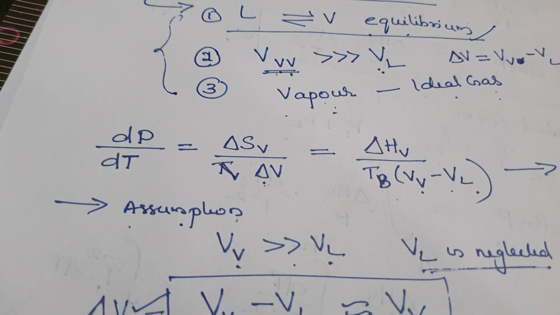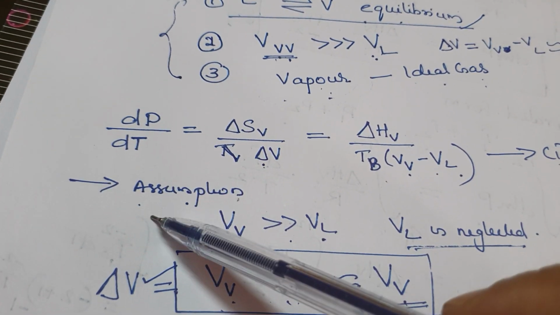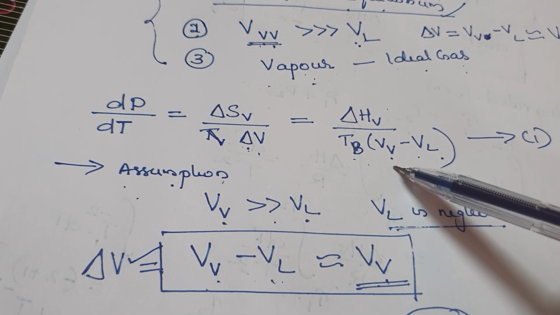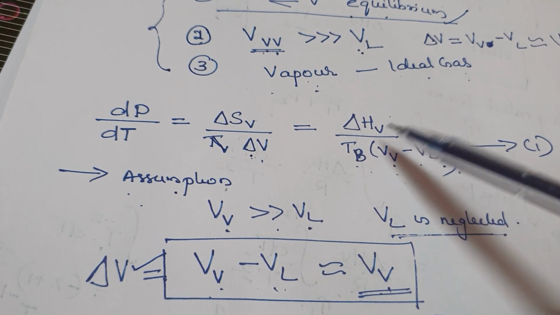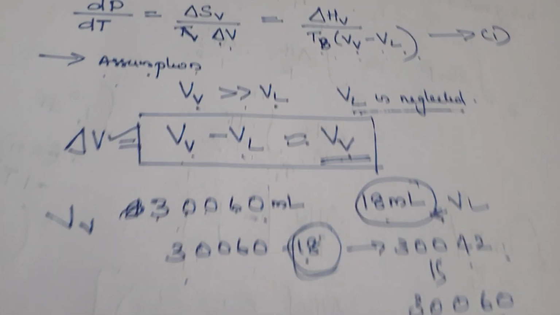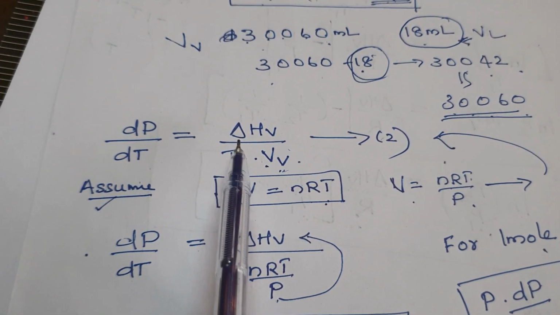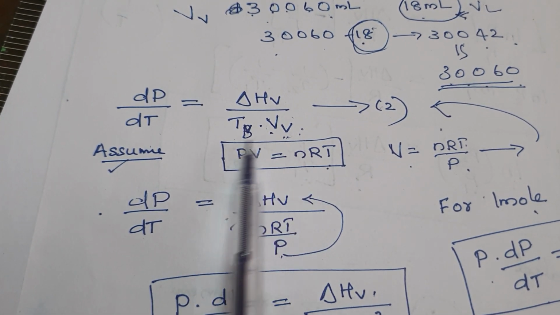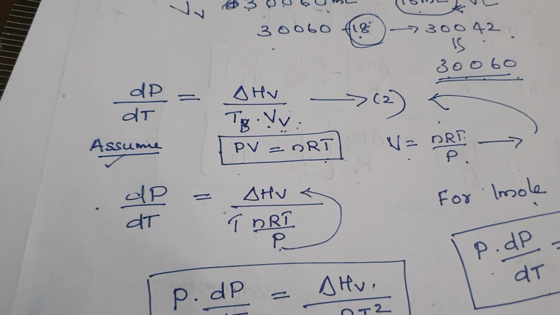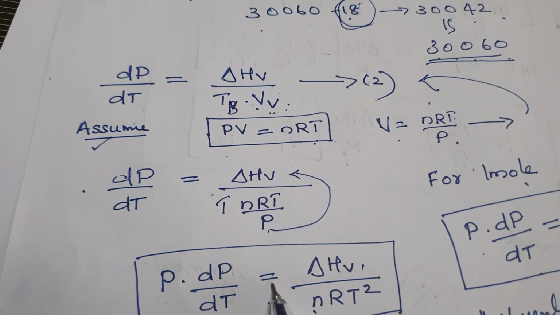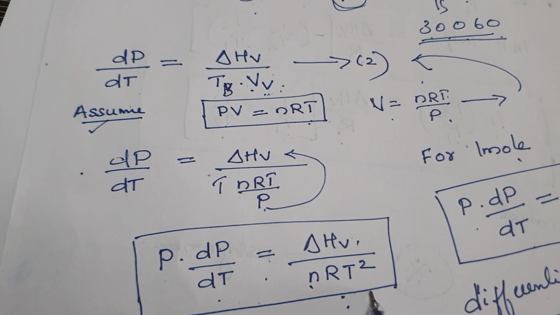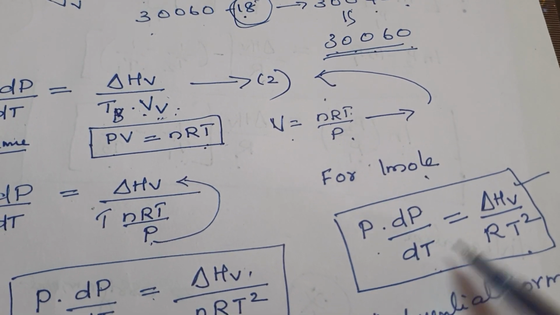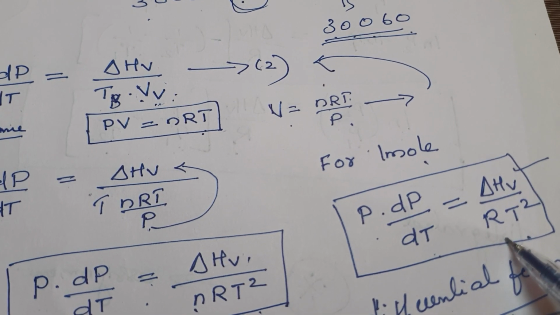Based on that, dP/dT is delta S_V by delta V, that is delta H_V by T_B into (V_V minus V_L), so this will become V. The expression becomes dP/dT is equal to delta H_V by T_B into V_V. We apply the ideal gas expression, so we get P dP/dT is equal to delta H_V by nRT square. Taking 1 mole, it is P dP/dT is equal to delta H_V by RT square.